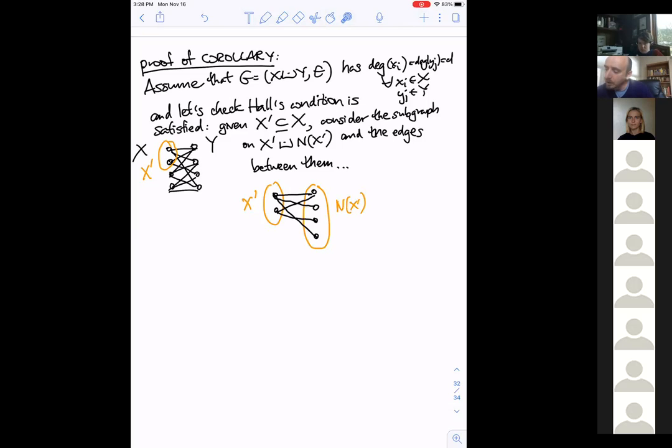I was trying to make everybody have degree 3 here, and this one's only connected to 2 things. Sorry, I'm having trouble making a graph that fits my hypotheses.